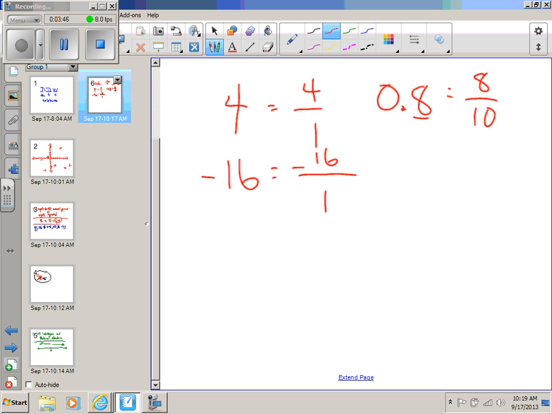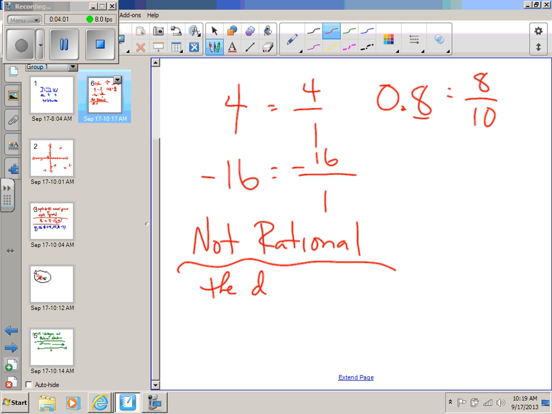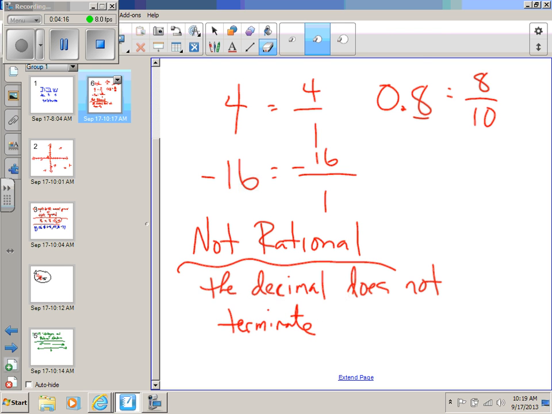For example, it is not rational if the decimal does not terminate or repeat.